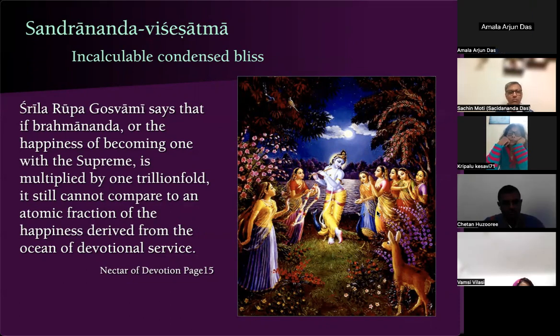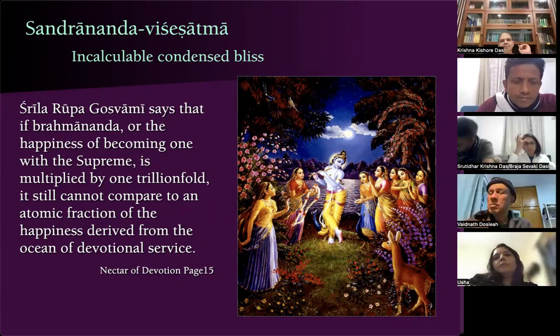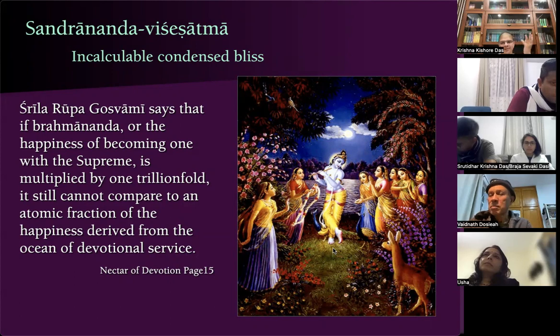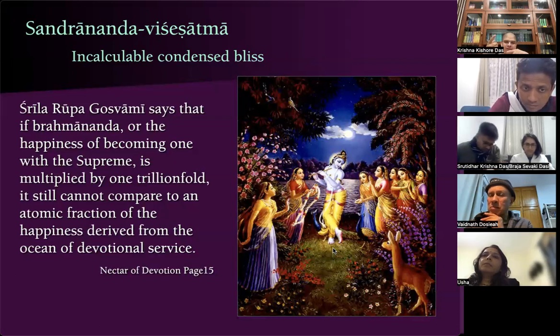The lowest is Jadananda. Jadananda means material pleasure, which is momentary. Above that is Brahmananda. Brahmananda means pleasure in liberation, in Brahma Jyoti. And here Rupa Goswami is saying if you multiply it by a trillion fold, still you cannot compare it with the Ananda you get in serving Krishna.